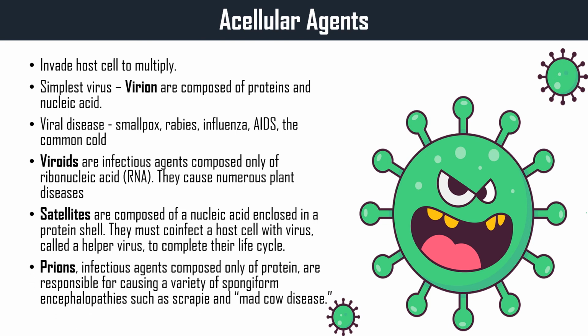And prions are infectious agents composed only of proteins and are responsible for causing a variety of spongiform encephalopathies such as scrapie and mad cow disease. So these are all microbial acellular infectious agents.